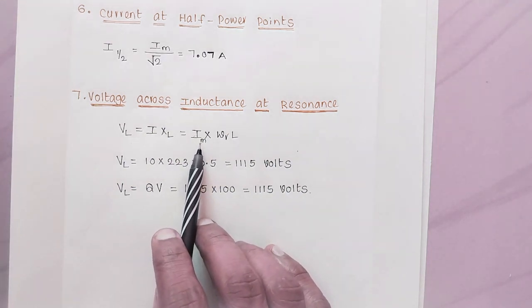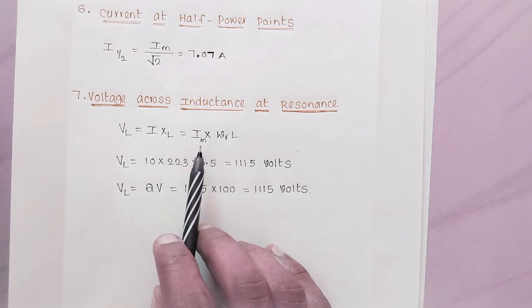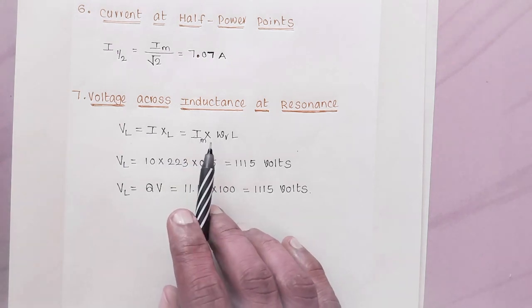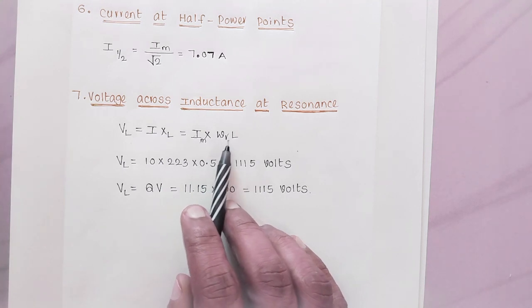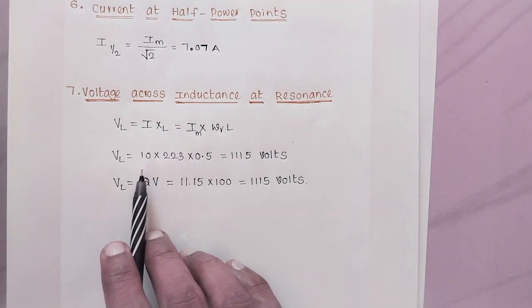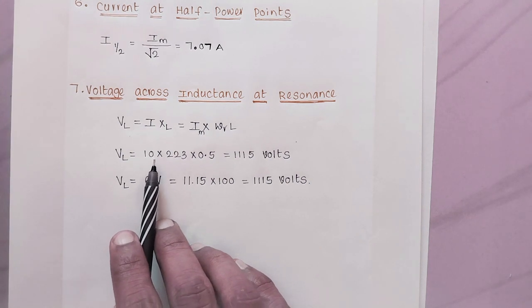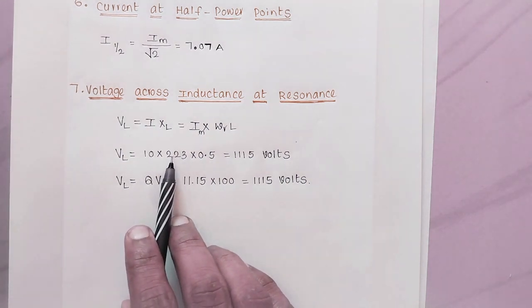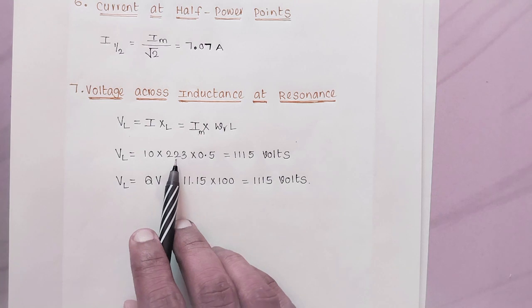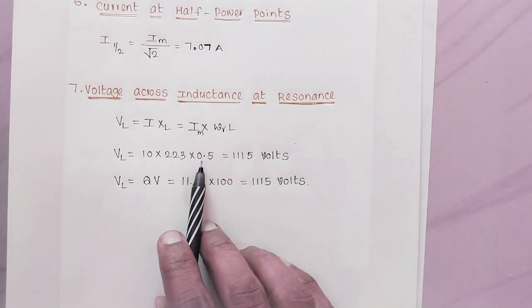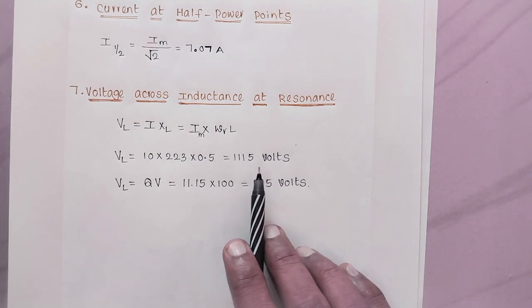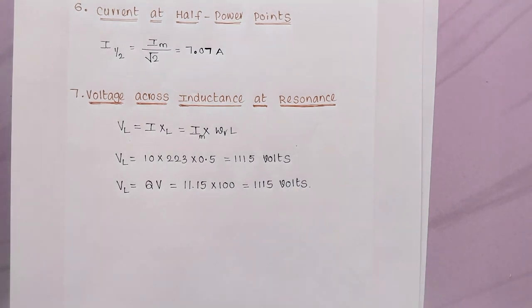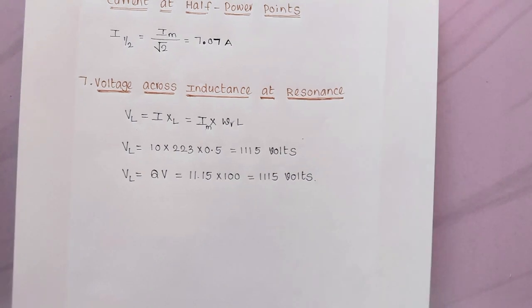Maximum current is flowing, that is Im, and XL is equal to omega L, but at resonance omega is omega R. So VL is equal to 10, the maximum current flowing in the circuit, times omega R at resonance, 223 radians per second, times the inductor value of 0.5 Henry, which is equal to 1115 volts. So that is the voltage across the inductance at resonance.